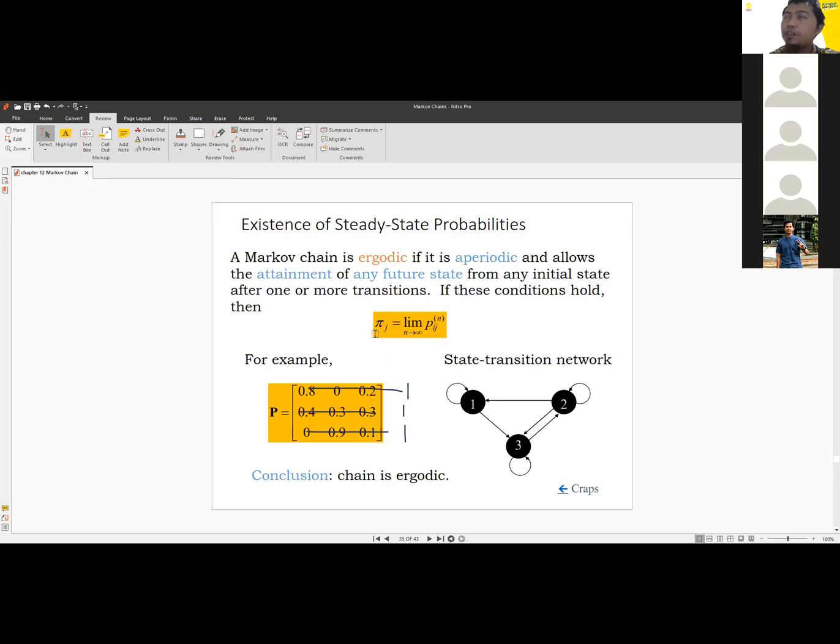This constant can be achieved when n goes to unlimited, meaning unlimited multiple steps, and the multiple steps will limit to some number, a constant number. It is the result of the multiplication of many matrices. Something like that. Okay, any questions?